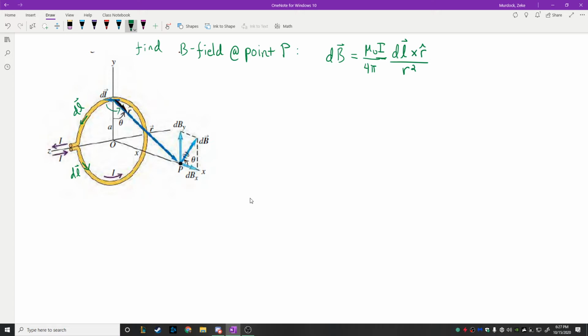You should get that your thumb is going to point kind of up like that, just as they did here. So you point your fingers this way with your palm facing towards r. You rotate your fingers from dl to r, and you should get a vector that points kind of like this. I'll give you a moment to look at that, because I think that's hard to see.